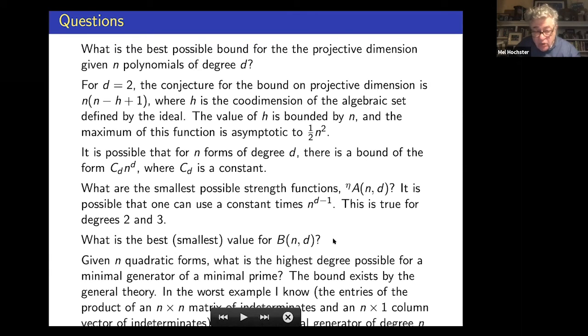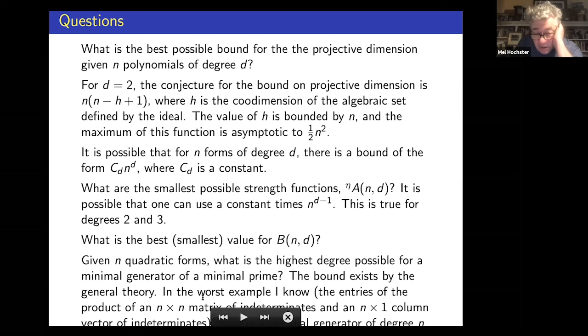So I'll finish with this question. Oh, I didn't realize that I'm going off the bottom here. So given n quadratic forms, our results tell us that there's the highest possible degree for a minimal generator of a minimal prime.